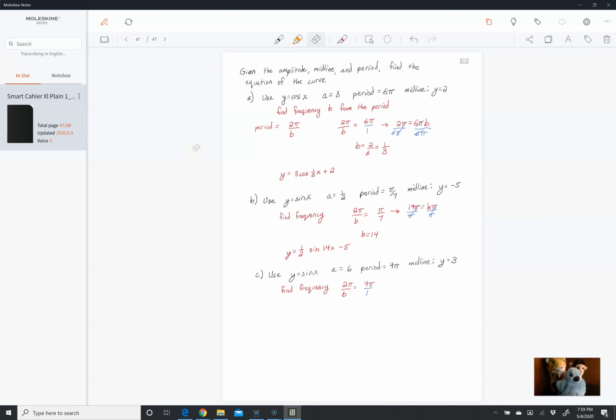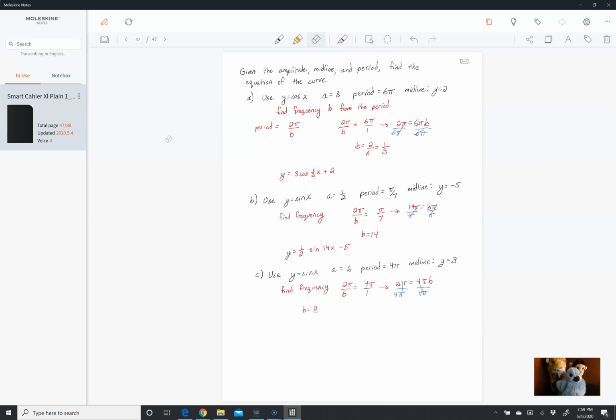This gives us 2 pi is equal to 4 pi times b. Divide both sides by 4 pi. That solves for b. Our pi's cancel. So we get that b is equal to 2 over 4, or b is equal to 1/2.